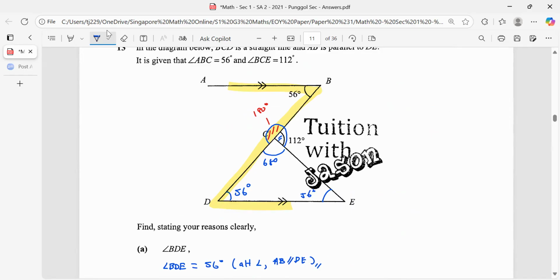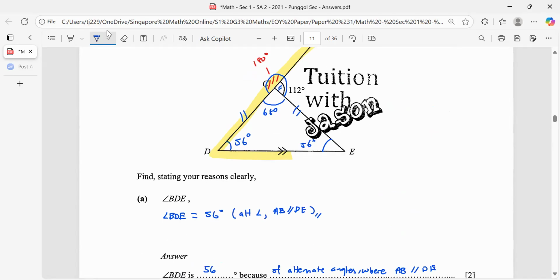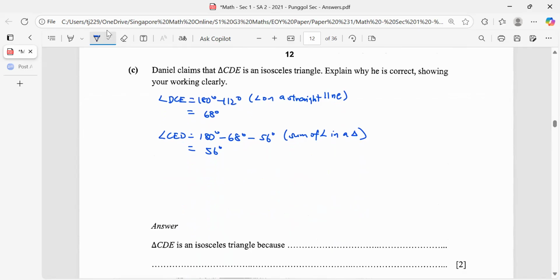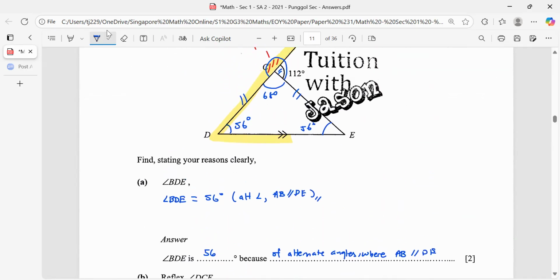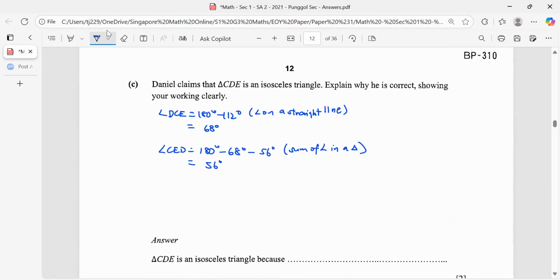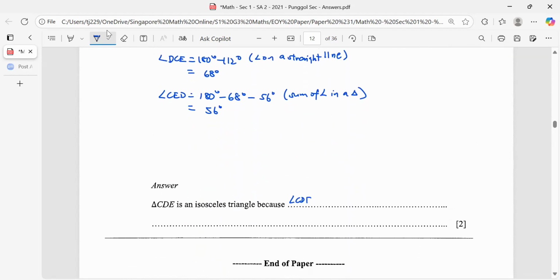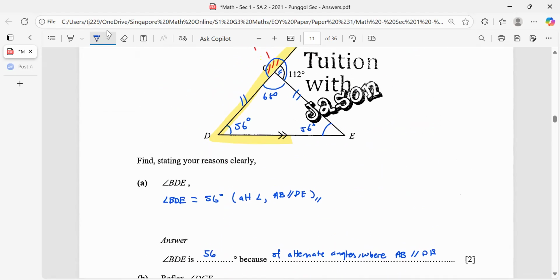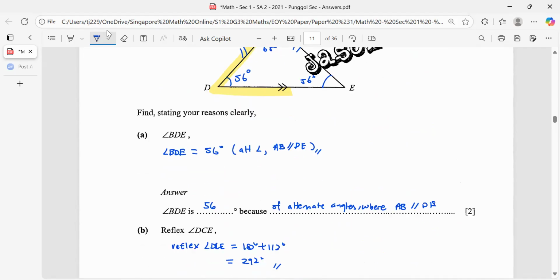And because of this, we can see that CD is equals to CE in terms of its length. So CDE is an isosceles triangle because angle CDE is equals to angle CED, making which two lines the same? CD to be equals to CE.